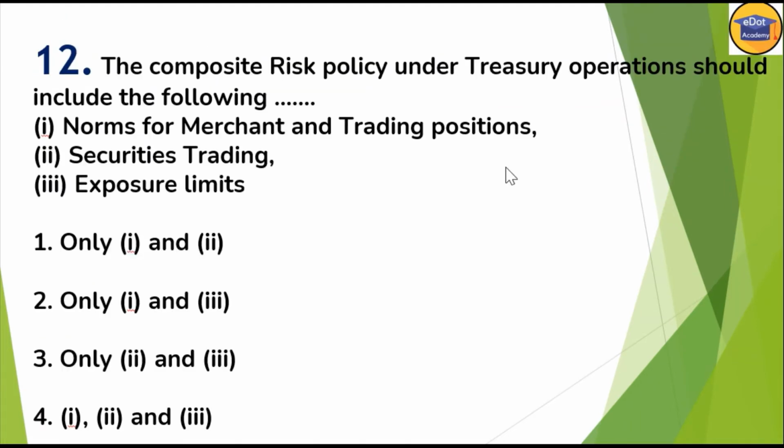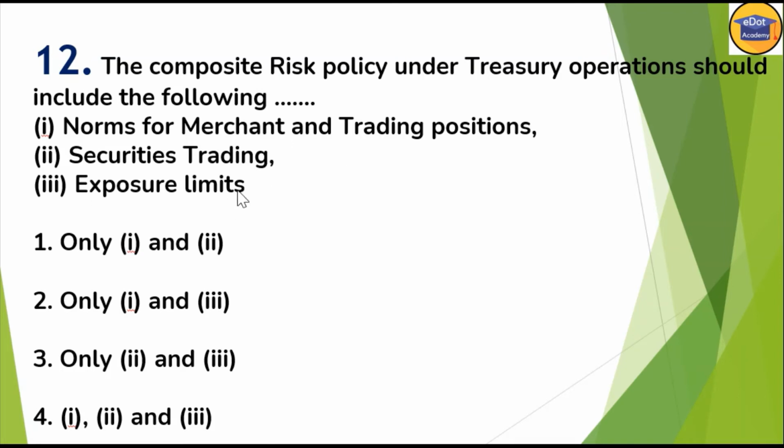Now question number 12. The composite risk policy under treasury operations should include the following. Number one, norms for merchant and trading positions, securities trading, and exposure limits.